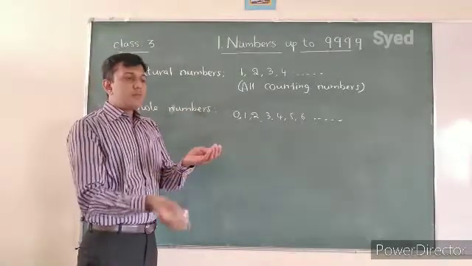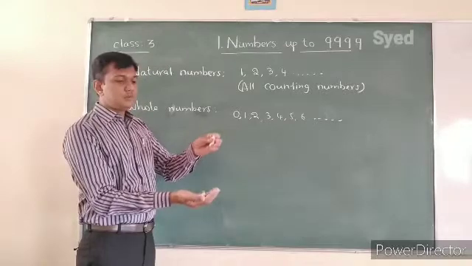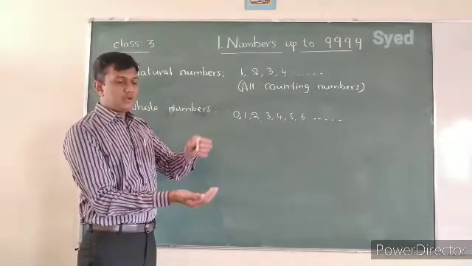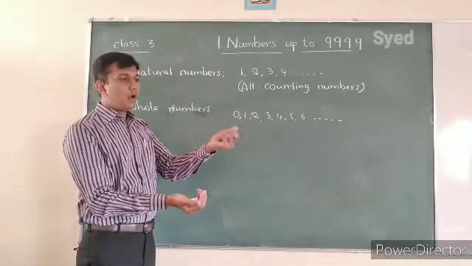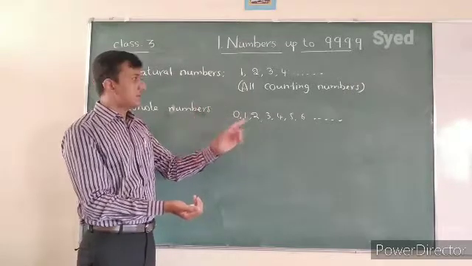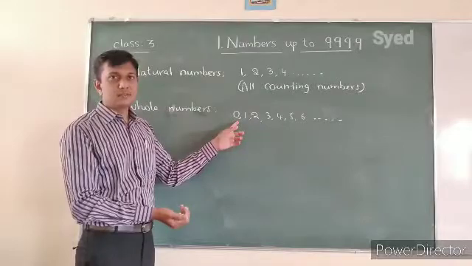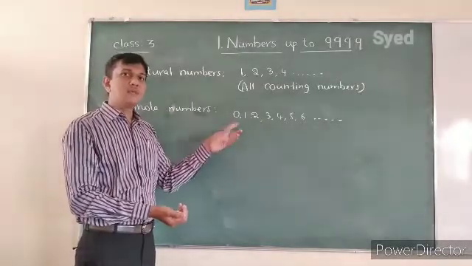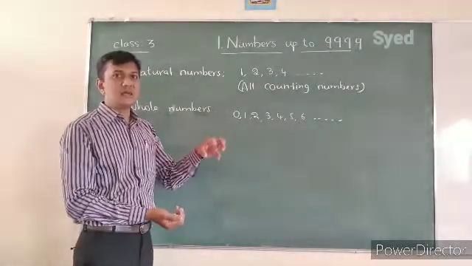Suppose I drop them one by one. How many chalk pieces are in my hand? No chalk pieces. That means 0 chalk pieces. So, like this, 0 is used for counting also, to specify the count.